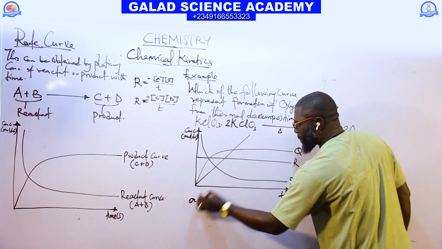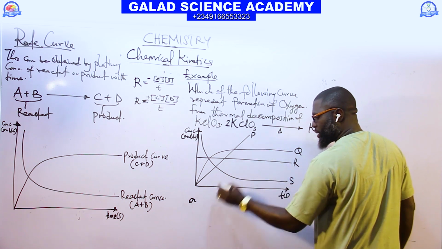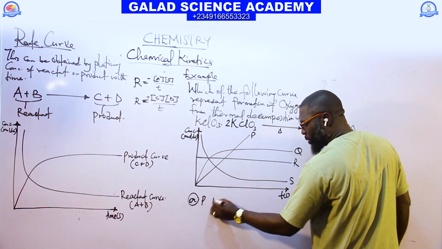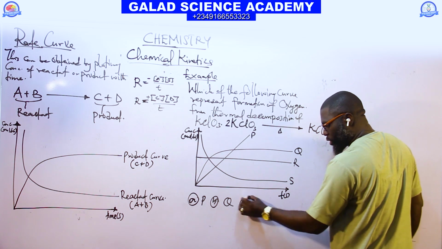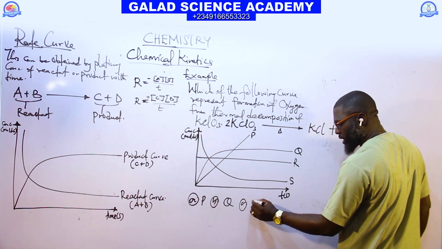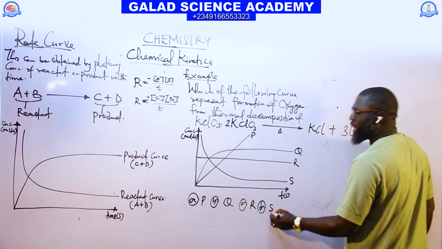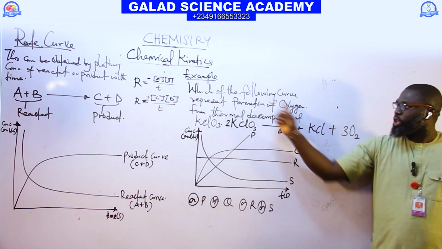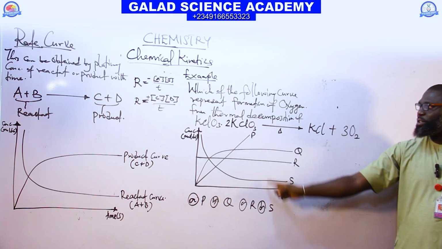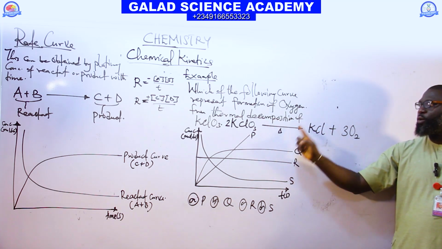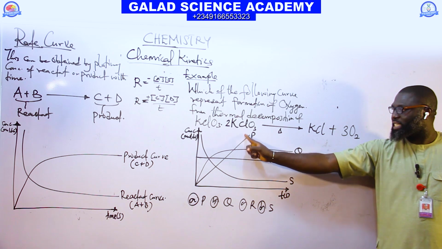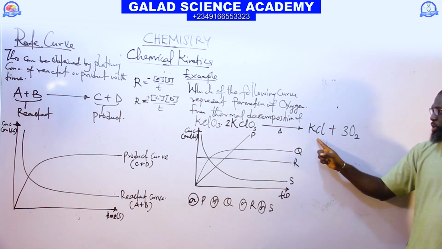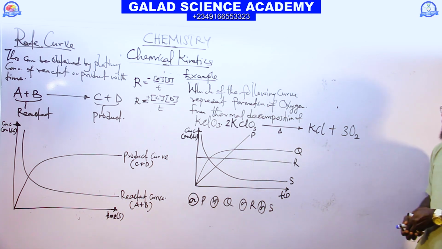Option A is P, option B is Q, option C is R, option D is X. Which of the following curves represents the formation of oxygen from thermal decomposition of KClO3 to give us KCl and oxygen.